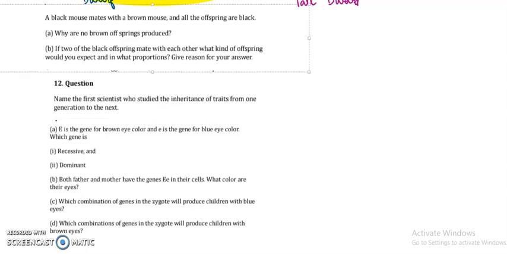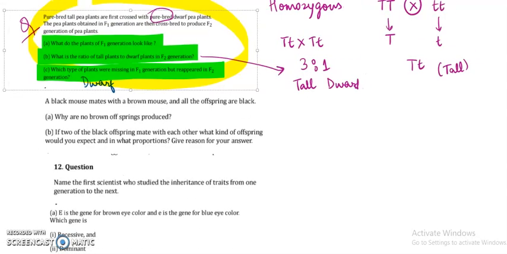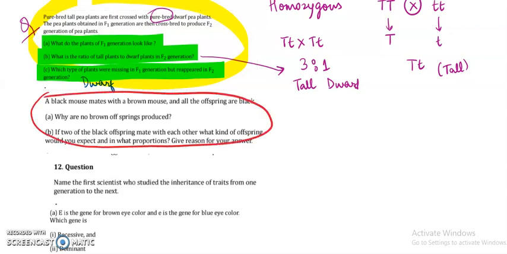The next question is, a black mouse mates with a brown mouse and all the offsprings are black. Why are no brown offsprings produced? Because brown is a recessive character. So this question is just similar to the one we have just taken, but it is asked in a different way, right?